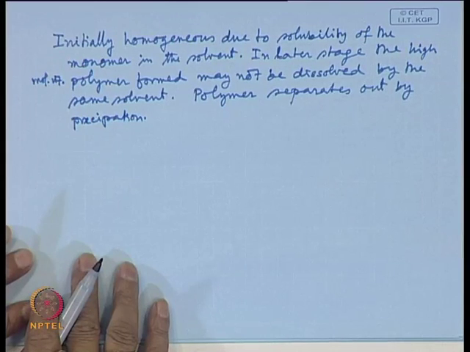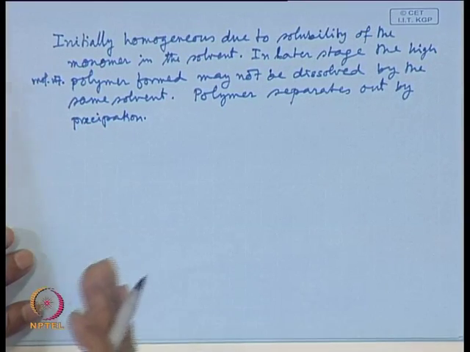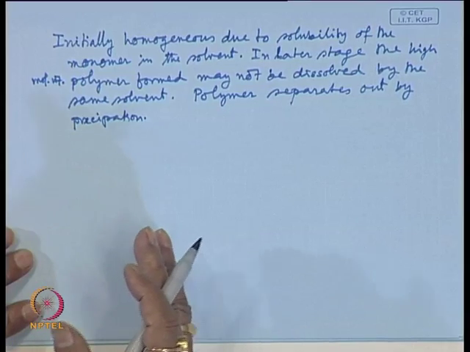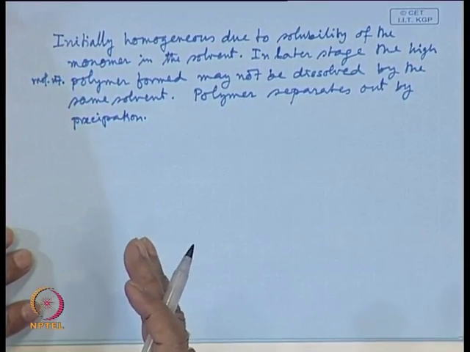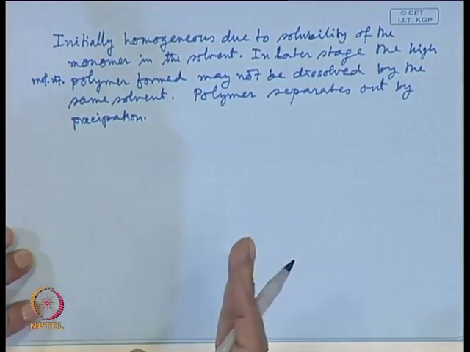So long it remains in the soluble phase, polymer growth occurs. After certain growth, when the polymer is of adequate molecular size, it comes out of the soluble phase, polymer precipitates out. So, that is also a solution polymerization, but you are getting polymer isolated.